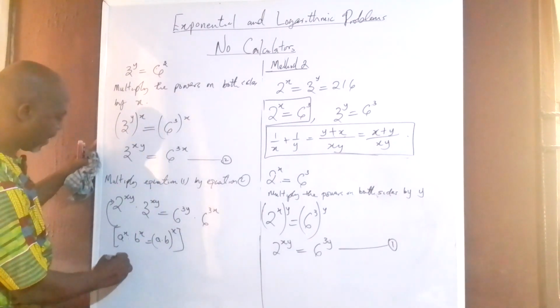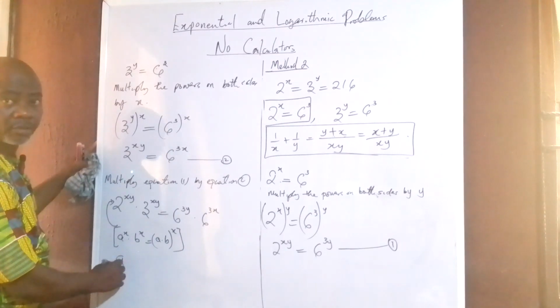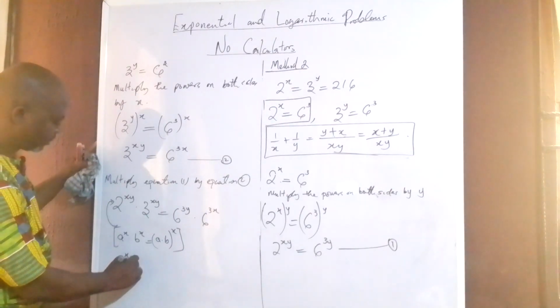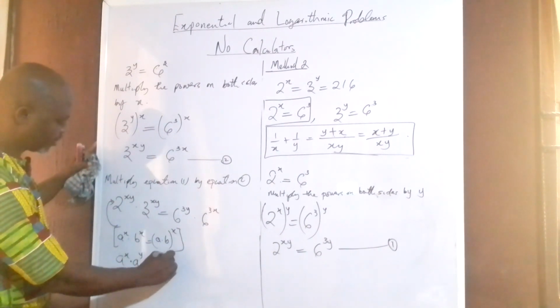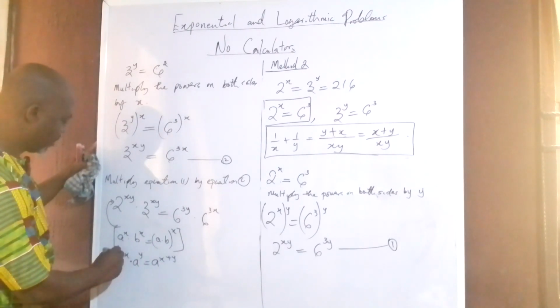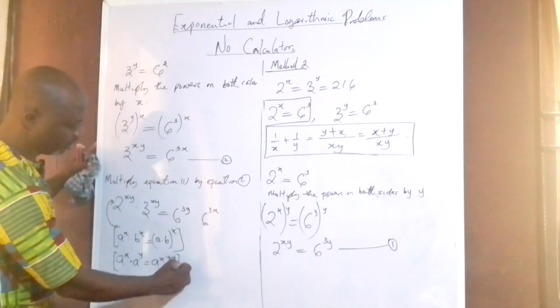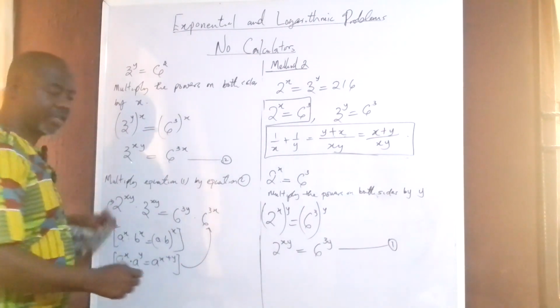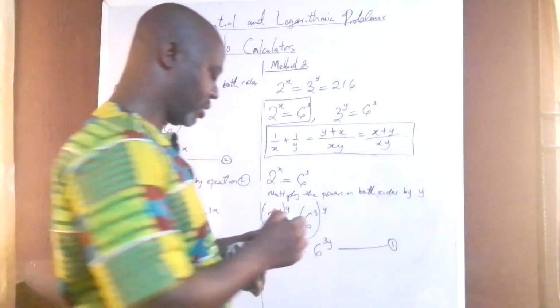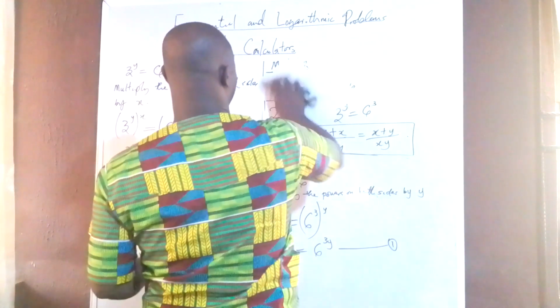Then, if you have a to the power of x dot a to the power of y, this will be a to the power of x plus y. We apply this on the right hand side.